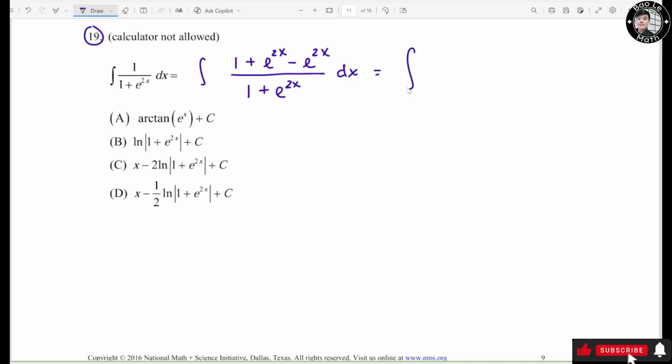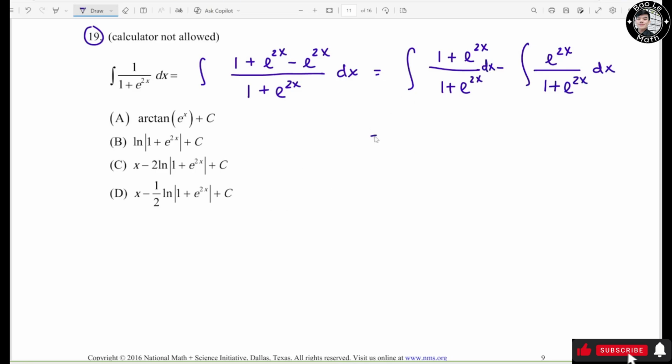So it's going to be the antiderivative of (1 plus e to the 2s) over (1 plus e to the 2s) subtract the antiderivative of e to the 2s over 1 plus e to the 2s ds.